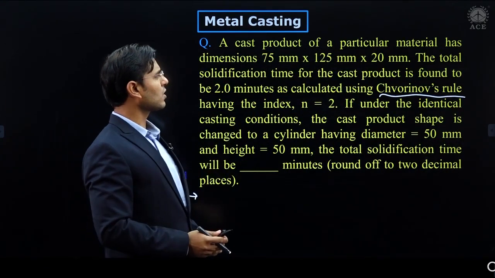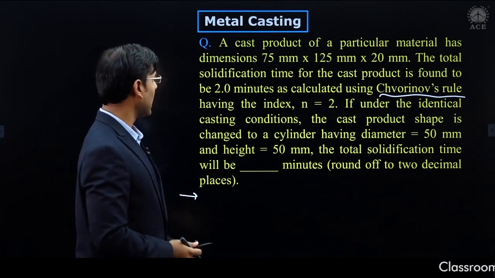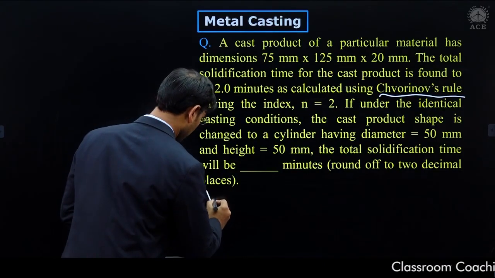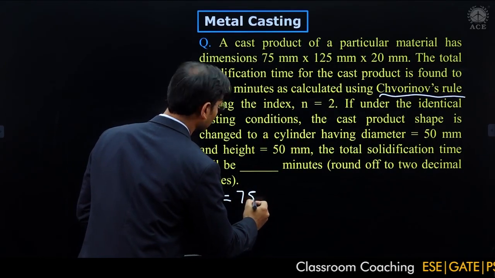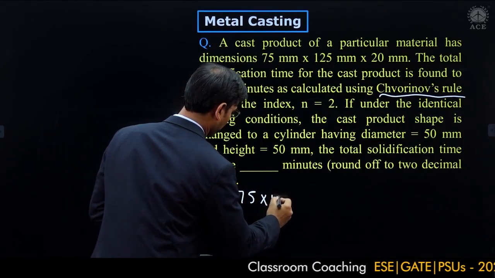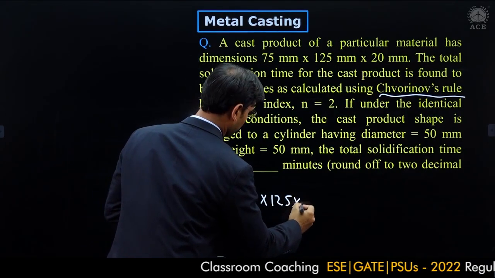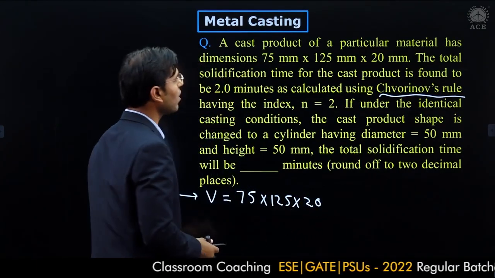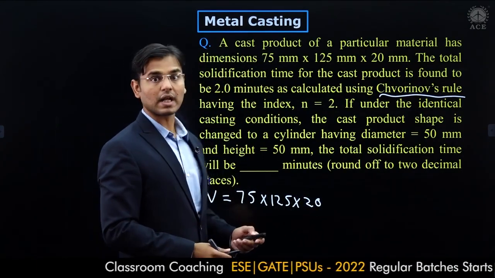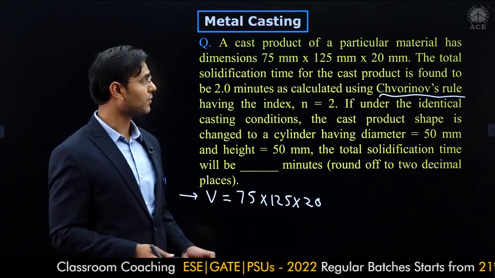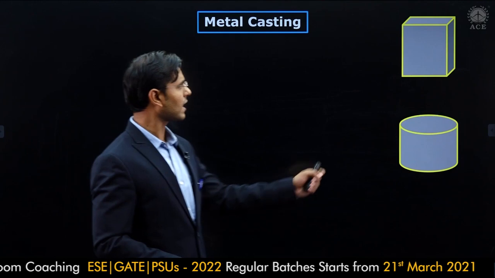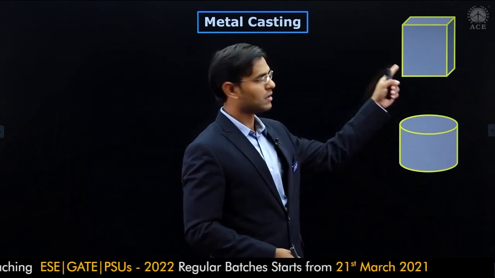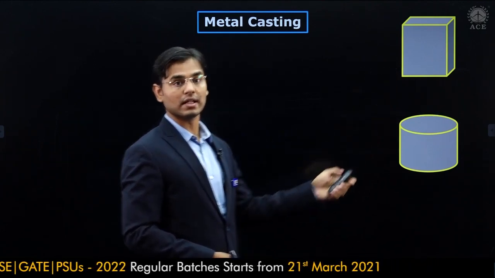A cast product of a particular material has dimensions 75 millimeter by 125 by 20 millimeter. This is the volume of the first casted product, and you can see the diagram here.